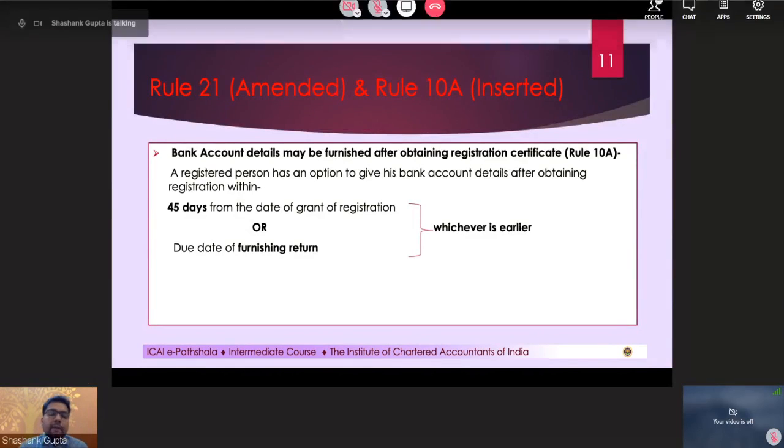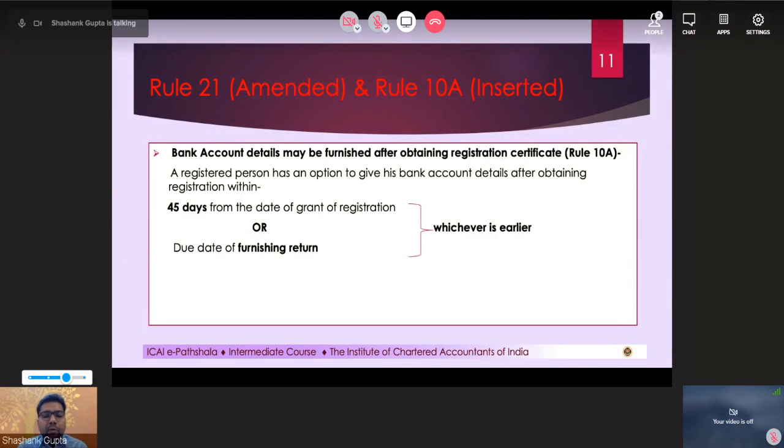On the other hand, banks, when you approach them for opening a current account, were asking for the GST registration number before opening any current account. Now the challenge which was arising was that if you go to the bank, they are asking for the GSTIN number, and if you go to obtain the GST registration number, they are asking for bank details.